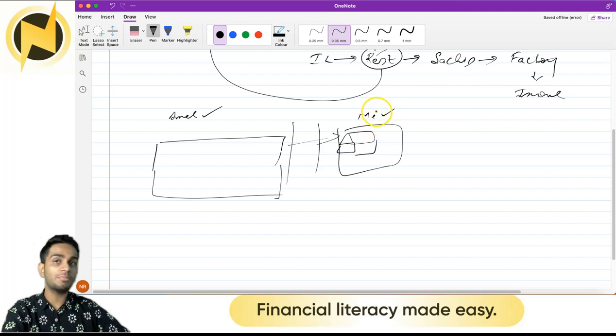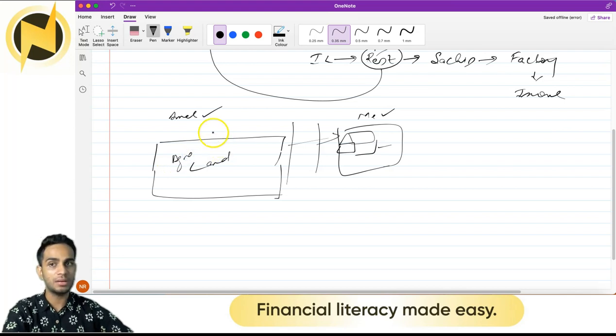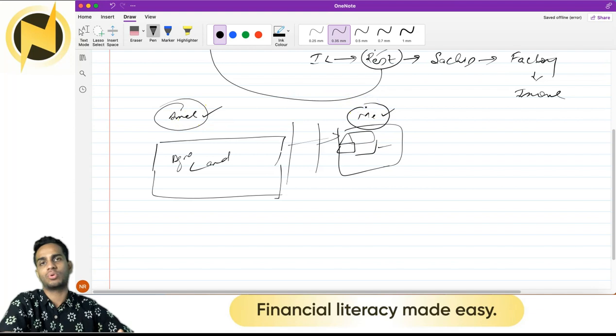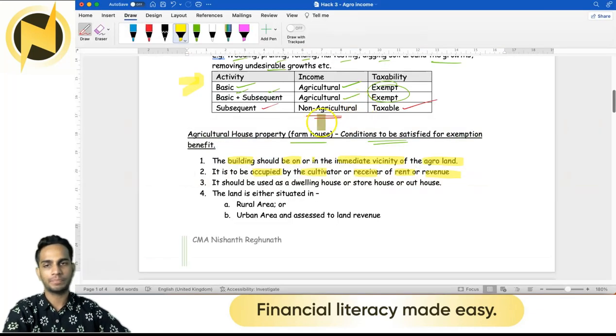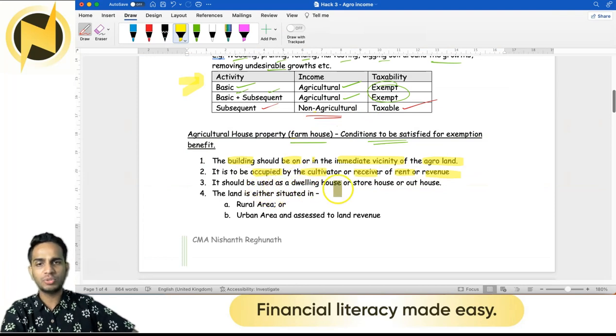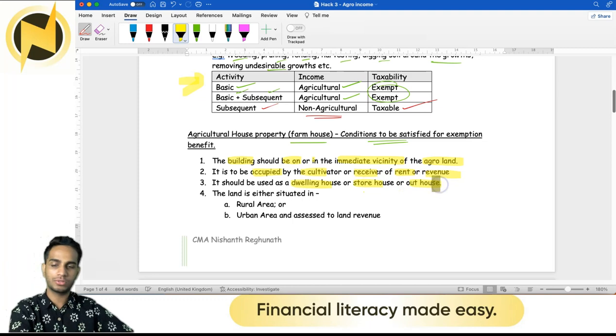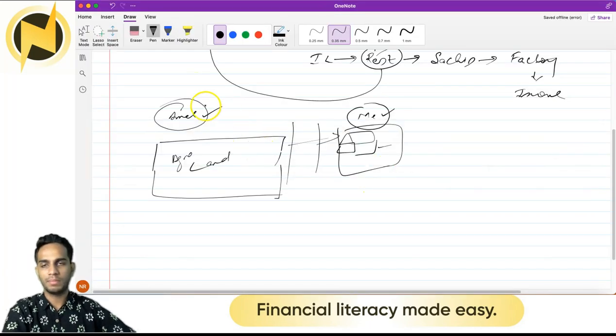If some other party occupies it, that means this particular property is not associated with this agro land. Because if it had been, Mr. Amal would have occupied it. If not, it can be me because I'm the owner. But if I've given it to someone else, gone. Next, it should be used as a dwelling house or storehouse or as an outhouse.